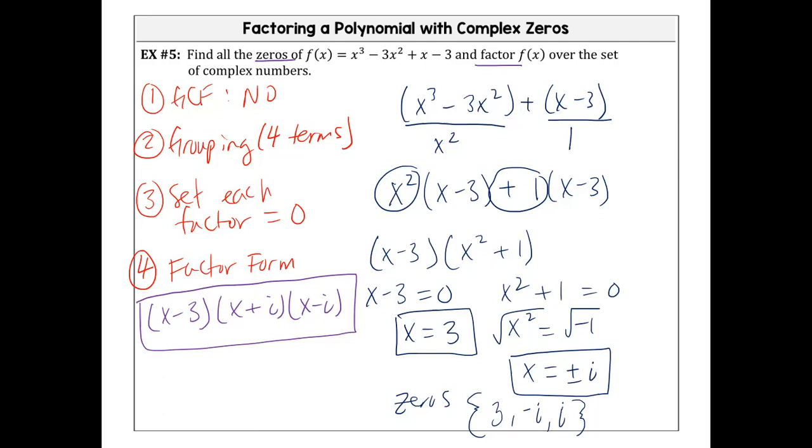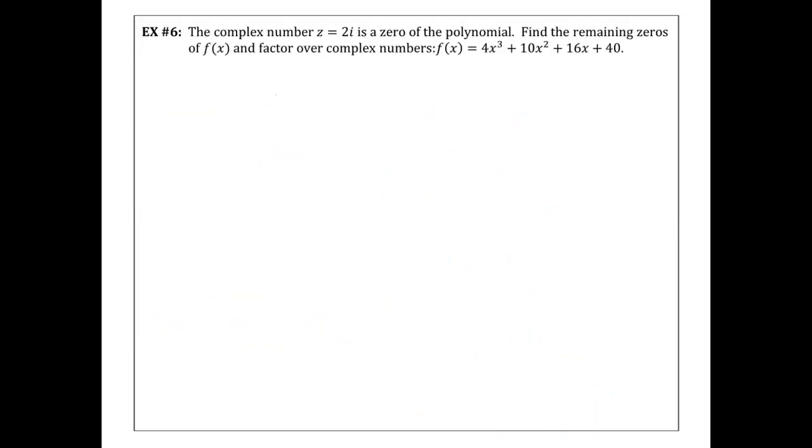Okay, I'm going to have you guys do what we just did for example number 6. The difference is there's a GCF, exactly. You have to do the GCF first and then group.